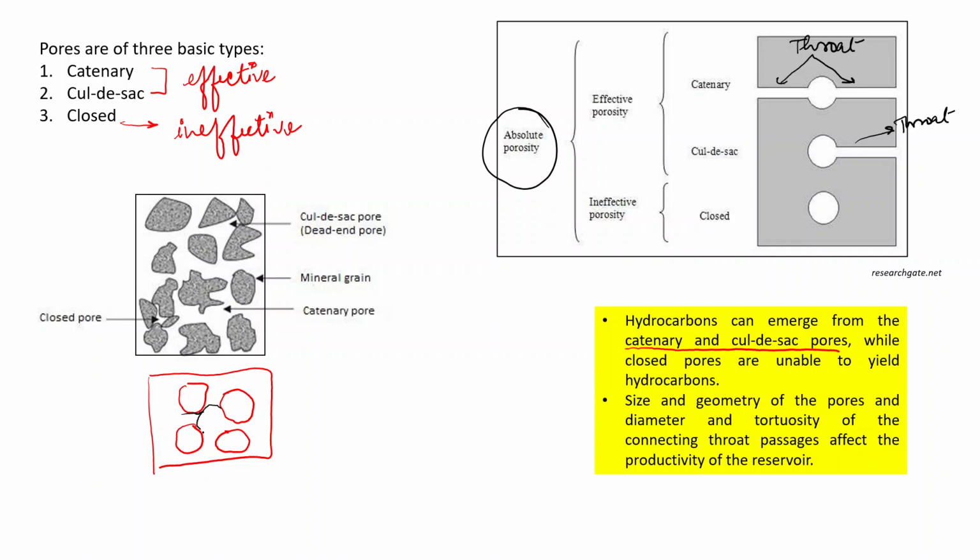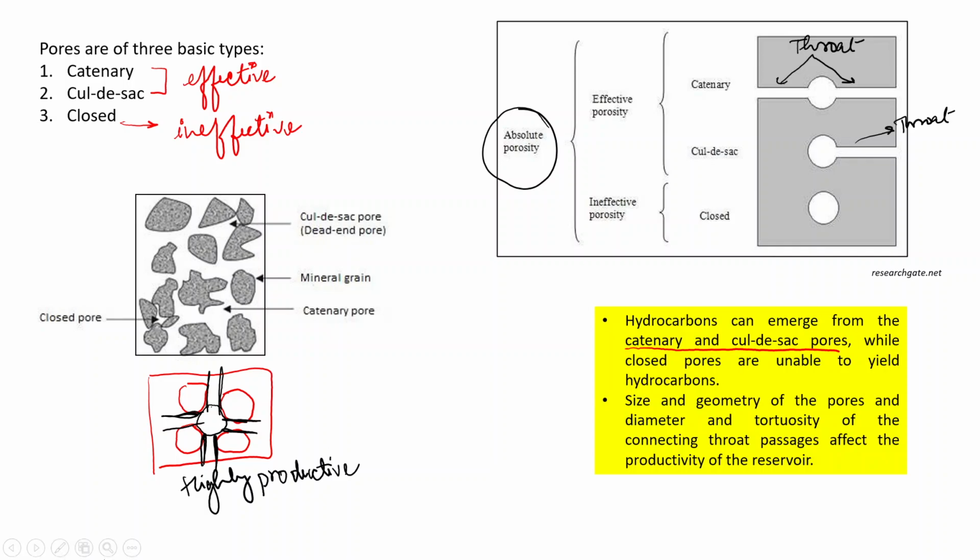So if this is a pore, it is open from this side, this side, this side, and this side. So this will be called a highly productive reservoir. Highly productive because here the pores are quite open, and these throats are well connected to other pores.